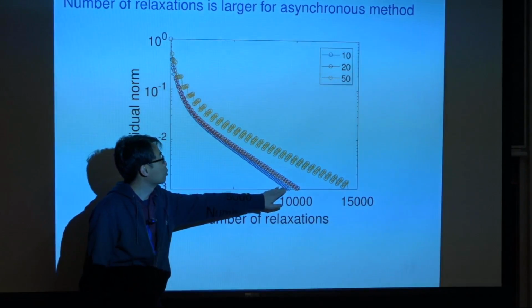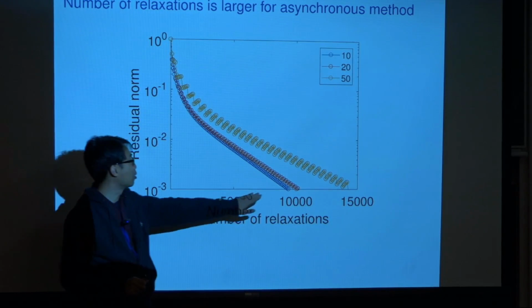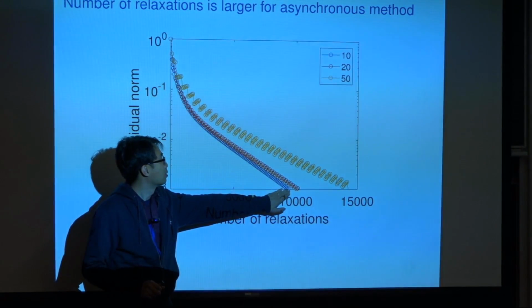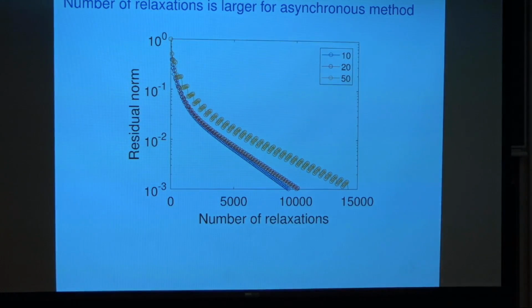It's slower than this blue curve, but that's not exactly a fair comparison, because the blue curve assumes that there are no delays, and here we do have delays. So it's not really saying that asynchronous iterations are worse. Right? Asynchronous iterations will have to be worse if some of the processors are slower.